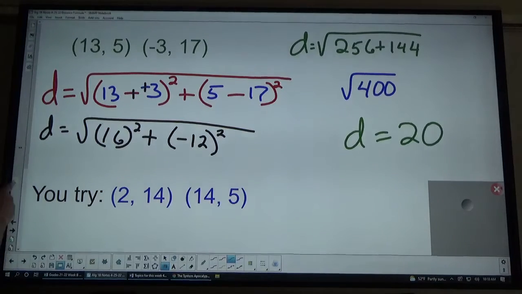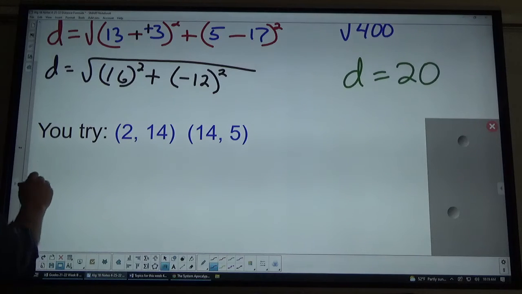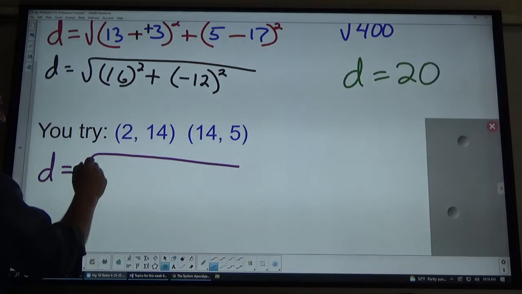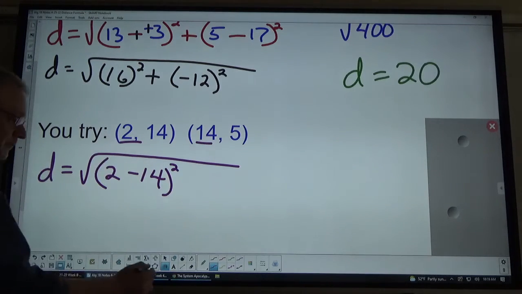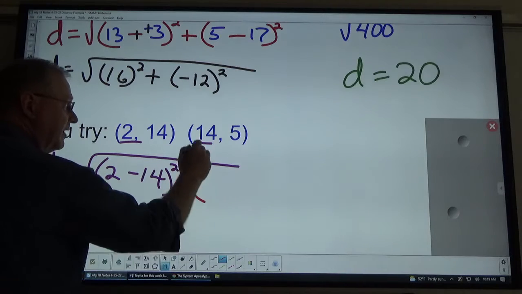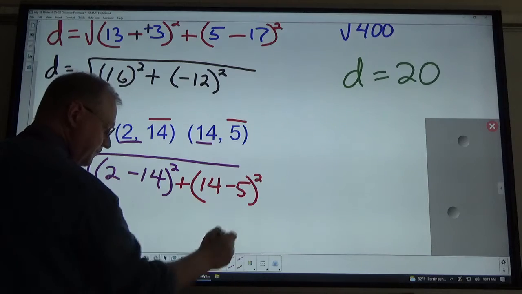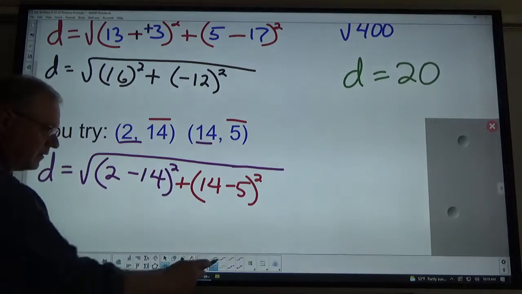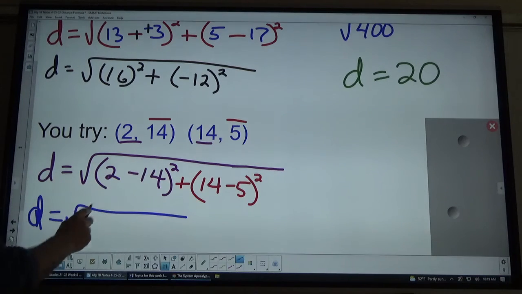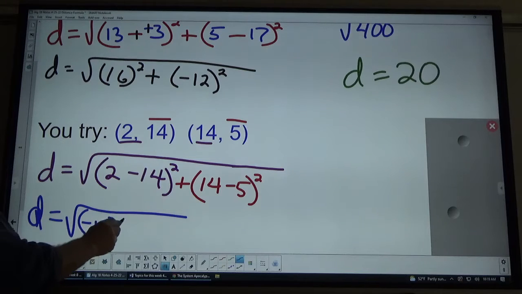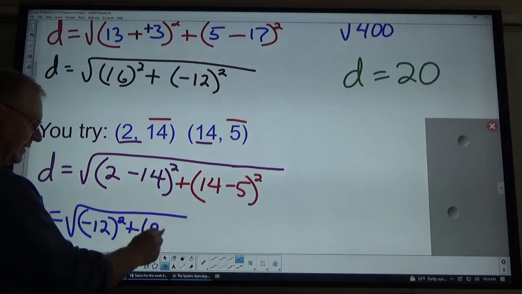Now that you've had a chance to try it, I'll try it on for you, or you can follow along as I do it to see if you did it correctly. 2 minus 14 squared, that's these two. And now I'm going to do these two, 14 minus 5 squared. Two minus 14 is negative 12 being squared, and 14 minus 5 would be 9 squared.